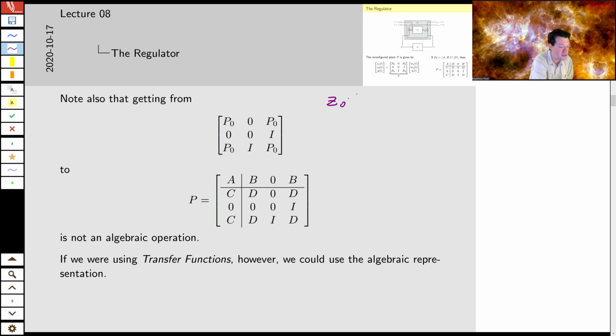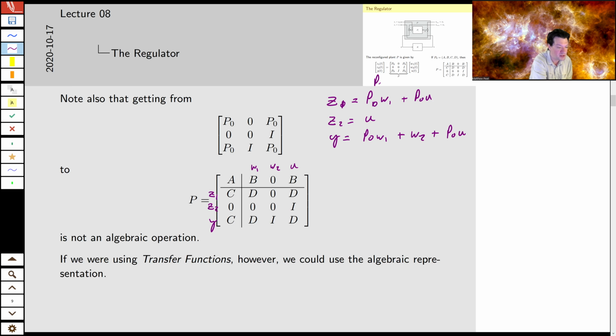We have Z1 is P naught W1 plus P naught U, Z2 is U, Y equals P naught W1 plus W2 plus P naught U. So what we're going to do then is take these signals: this is Z1, this is Z2, this is Y. This corresponds to W1, W2, U, and we write down the state space representation of the output of this signal.